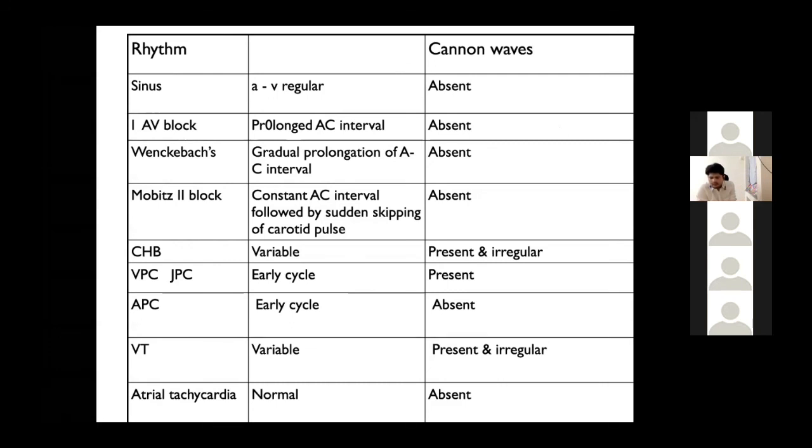In patients with ventricular premature complexes, cannon A waves may also be prominent. In complete heart block, the cannon A waves are present, irregular, with bradycardia. In all other cases like first degree heart block, Wenckebach or Mobitz type 2, the cannon waves are absent, but you have to see the relationship between the A and the V wave.